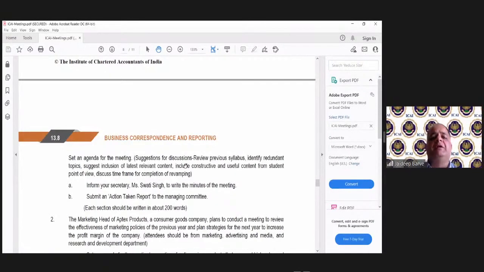So Sahil, in this particular question, it was clearly said each section should be written in about 200 words. So it is crystal clear that if they're saying 200 words, you have to follow the question, right? Suppose it is not written, then you have to use your discretion. How many marks is the question asked for?